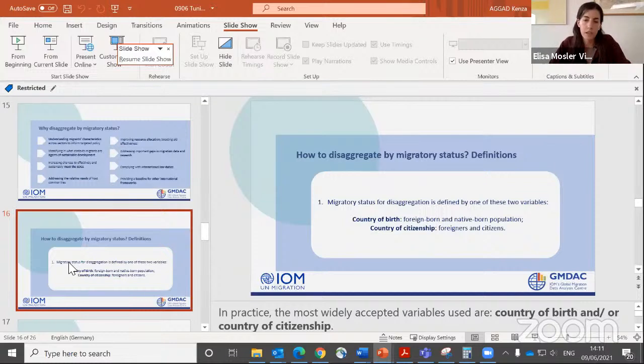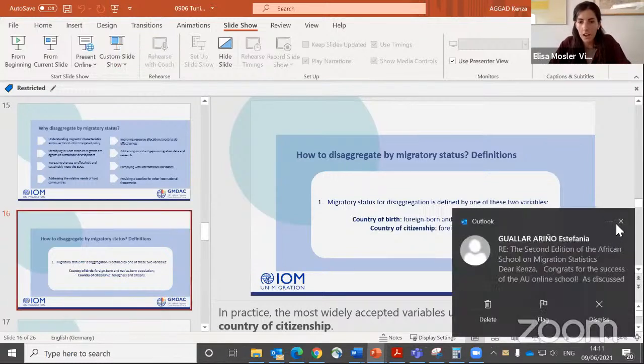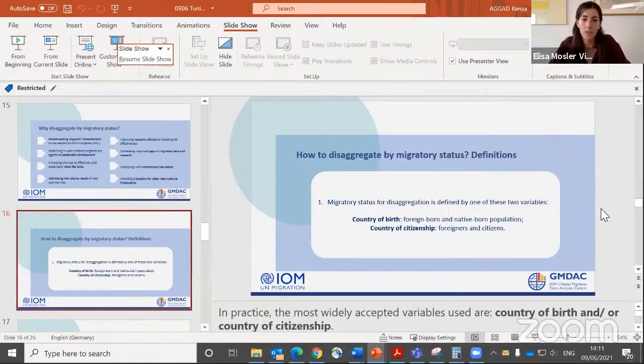But in practice, the most standardized, accepted way to do this is to choose one of these two variables, the first being country of birth, and the second being country of citizenship. The first helps you distinguish between the foreign-born and native-born population, and the second can help us distinguish between foreigners and citizens. Next slide, please.